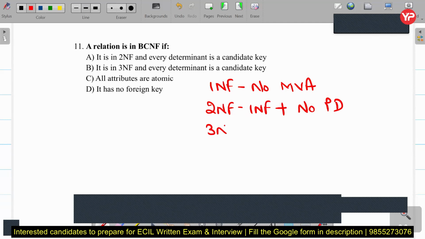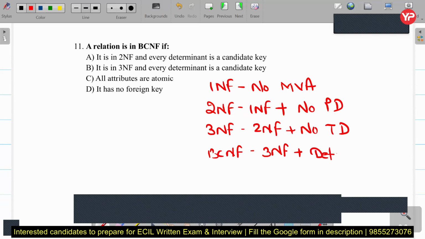If I talk about 3NF, it has to be first of all in 2NF, then no transitive dependency. And if I talk about BCNF, first of all it has to be in 3NF, and then the determinant must be a candidate key. Determinant must be a candidate key.